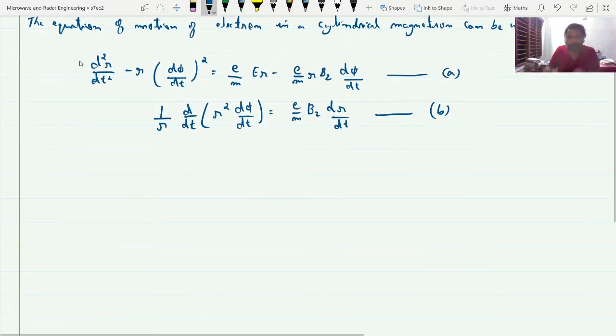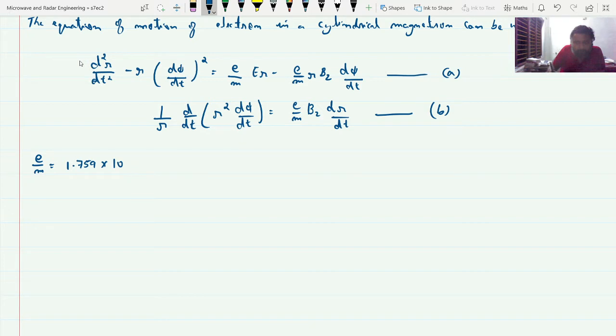E by m is given by 1.759 into 10 raised to 11 coulombs per kilogram, which is the charge to mass ratio of the electron.